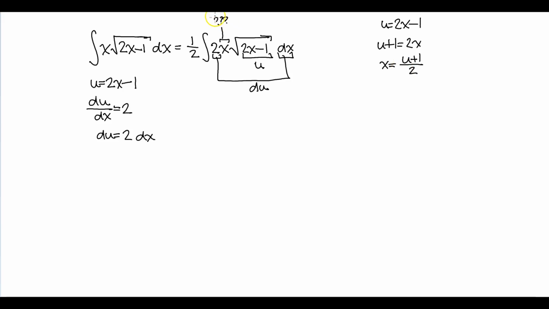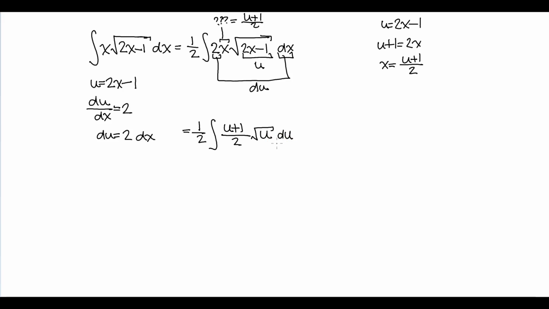So this is actually u plus 1 over 2. So we literally just turned an x in terms of u. And now, with everything in terms of u, we're now allowed to integrate. So 1/2 times u plus 1 over 2 times the square root of u du.